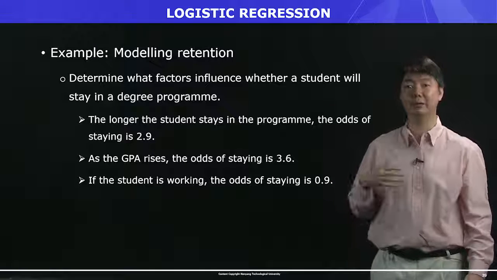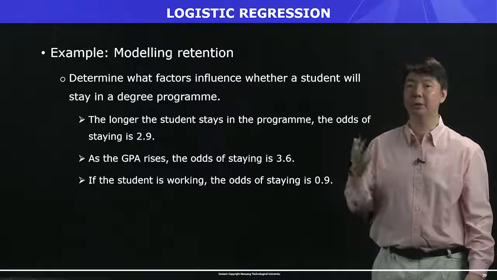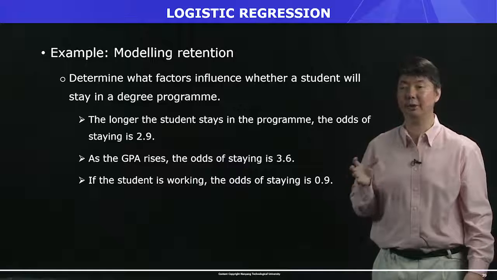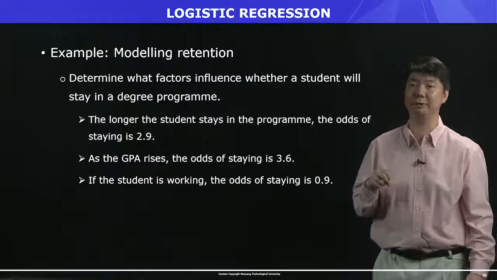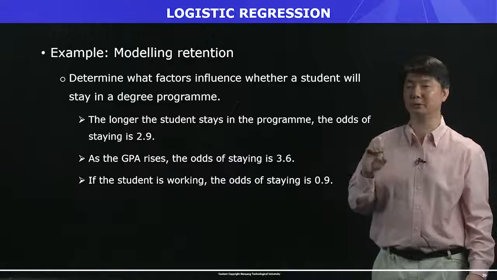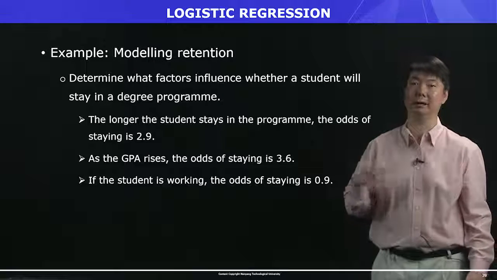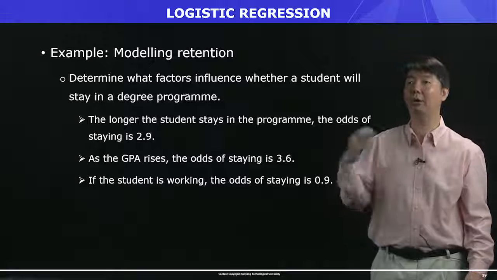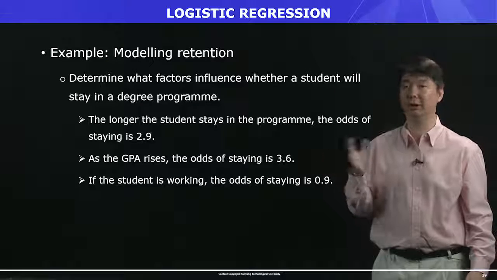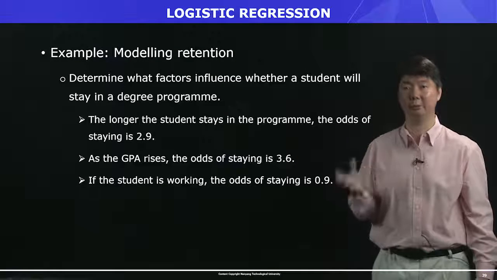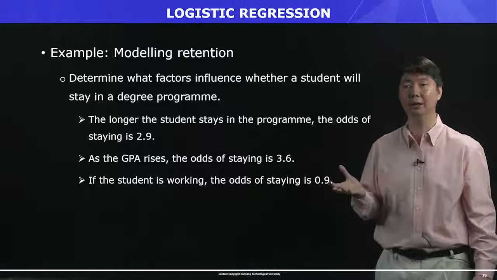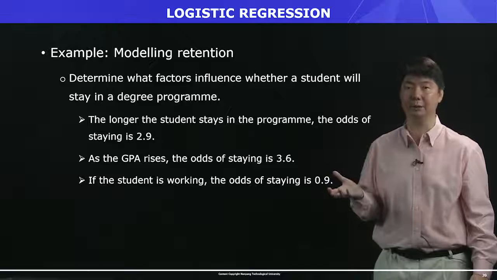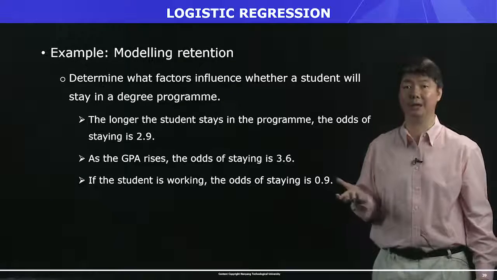So if you're a university administrator, you would focus on these factors and try to keep students in their programs by first, flagging perhaps students with low GPA scores and counseling them, or how long the student stays. So if the student stays longer, you're perhaps more confident that the student will remain in their degree program. And for those students who are working, you might also want to flag them for counseling to make sure that they're able to manage their time better.